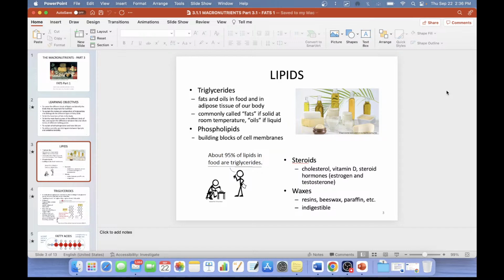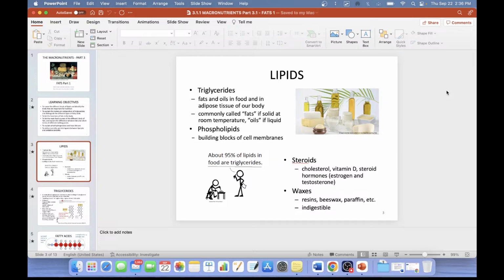All right? So when we talk about food and nutrition, quite often the word lipids is used as a synonym for fats. Okay, and sometimes it's used to refer solely to triglycerides, and other times to include triglycerides, phospholipids, and steroids.